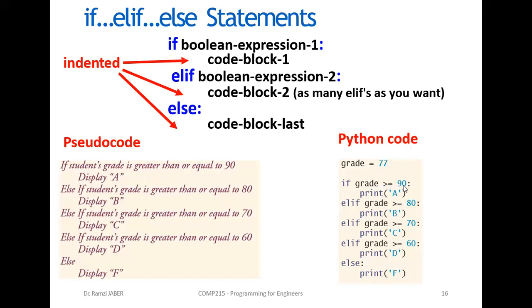If grade bigger than 90, colon, enter, tab, print A. elif grade bigger than 80, enter, tab, print B. elif 70, elif, and we terminate by else, print F, okay? Any question for now?